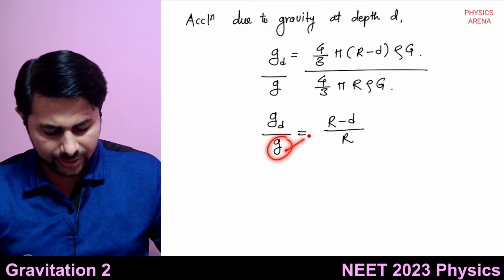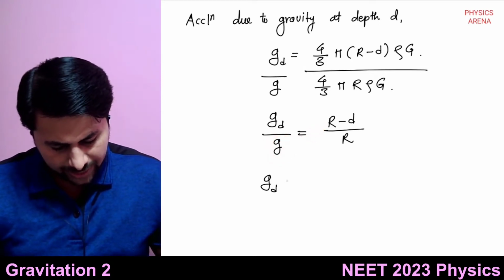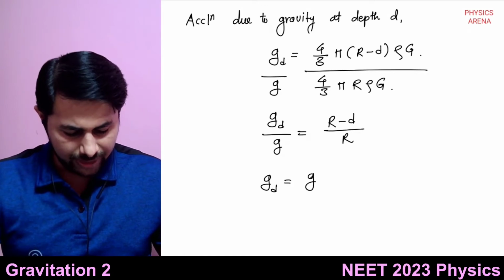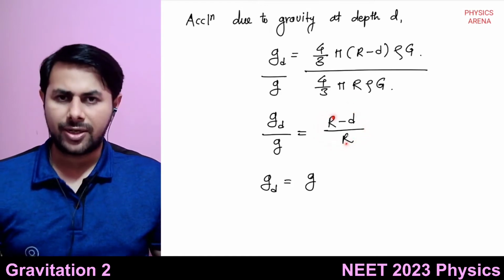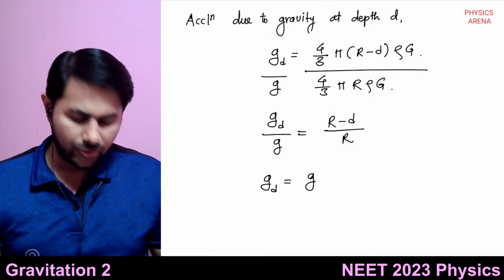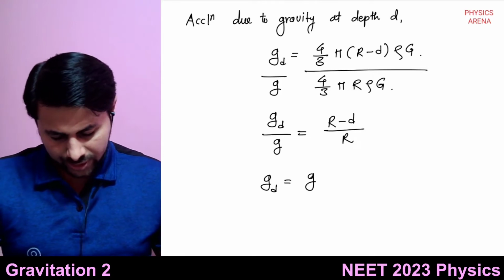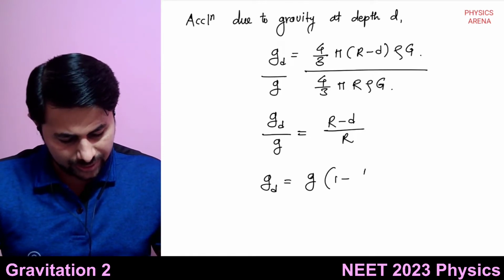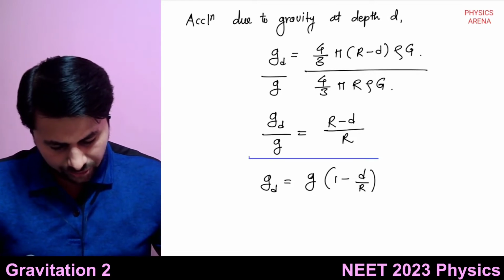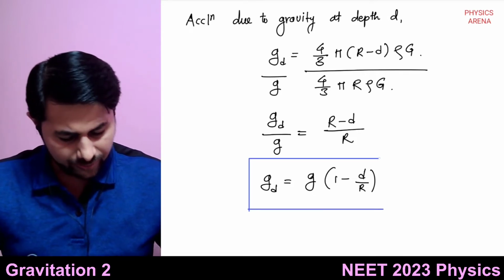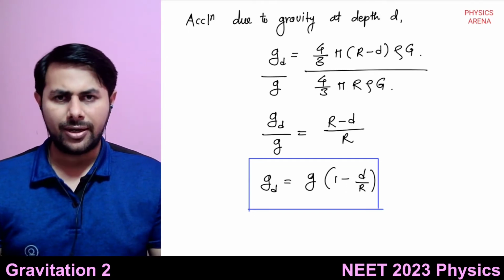Then you move this g to the other side, so g suffix d is equal to g multiplied by 1 minus d upon r. So you have this formula for the acceleration due to gravity at depth d below Earth's surface.